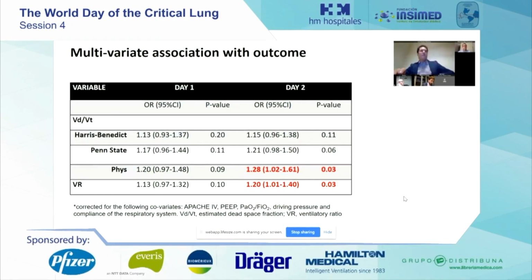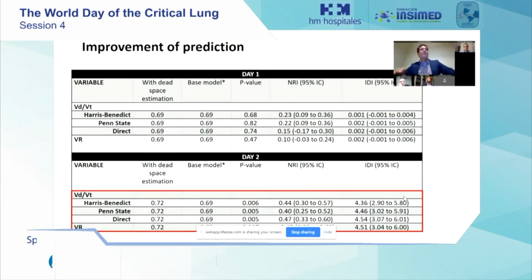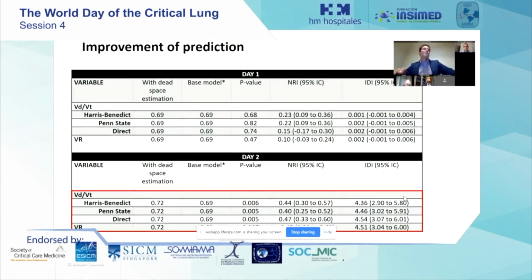This was corrected for APACHE IV, PEEP, PF ratio, driving pressure, and compliance of the respiratory system. As well, on day 2, both estimates, the VD/VT and the VR, when added to the previous model described, improved the model prediction significantly, although limited, but it improved it.